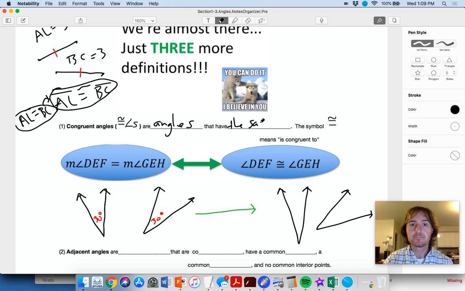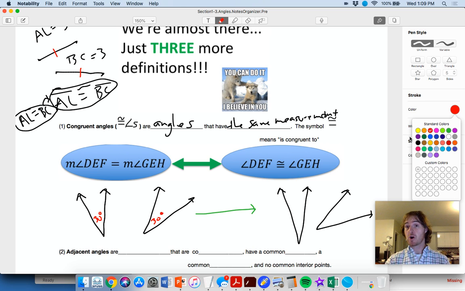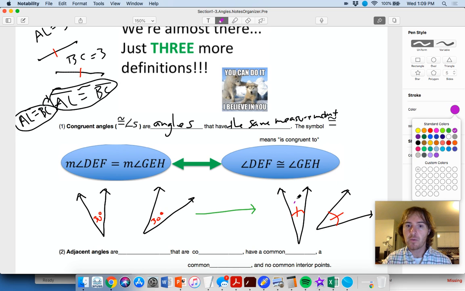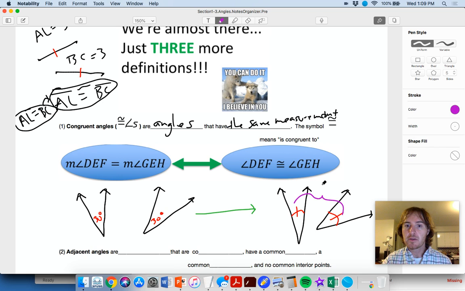If I have two angles that have the same measurement, then I refer to them as congruent angles. Here is the symbol to mark congruent angles. We have that symbol right there, and that symbol right there. That's how I label congruent angles. This means congruent.